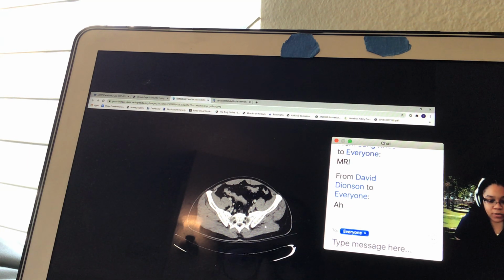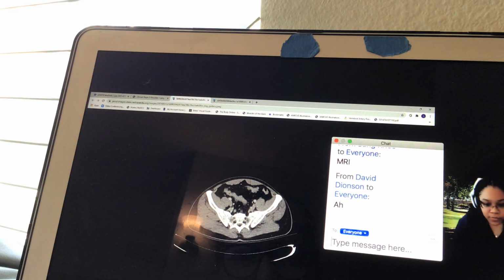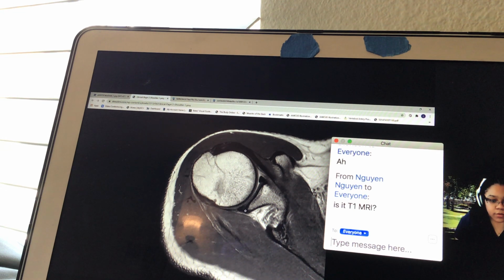You see the bone is white, very similar to X-ray. Axial, sagittal, or coronal? This is an axial MRI.